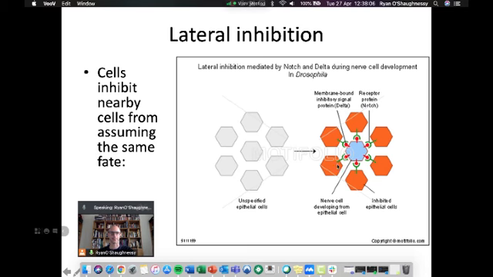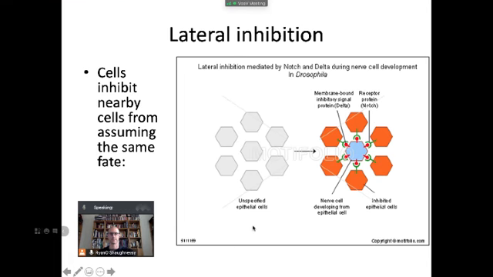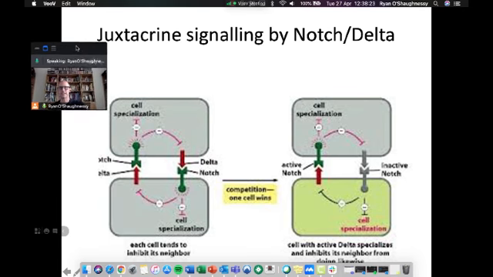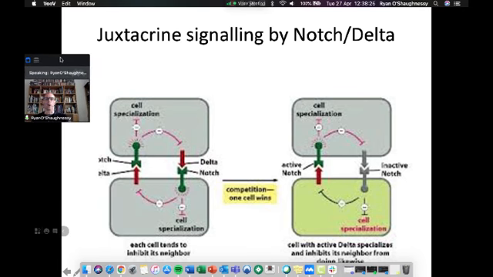And this is what's happening here. We have one cell in which delta signaling is active, and then in all the other cells, Notch signaling is inactive. So this is juxtacrine signaling, where there's competition between the cells and only one cell can win.